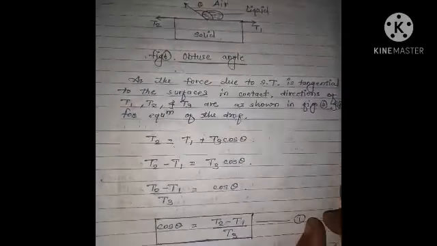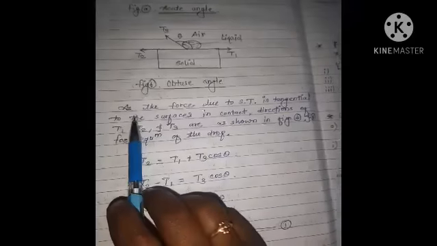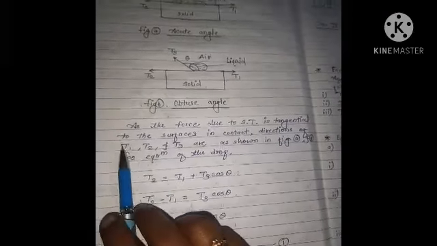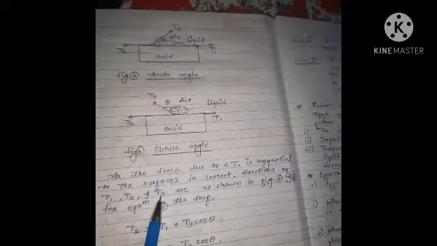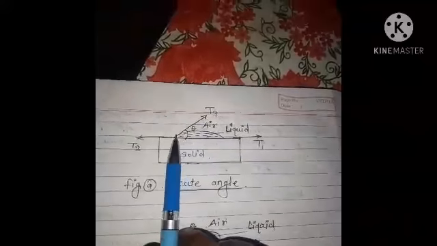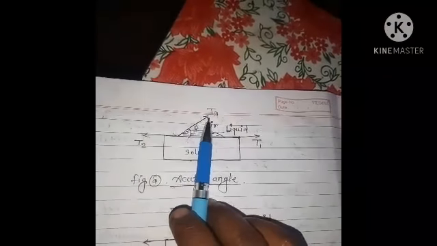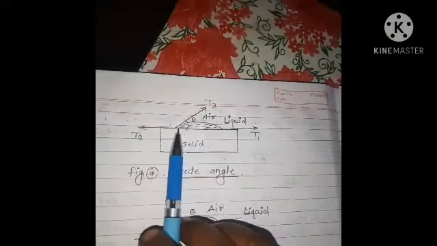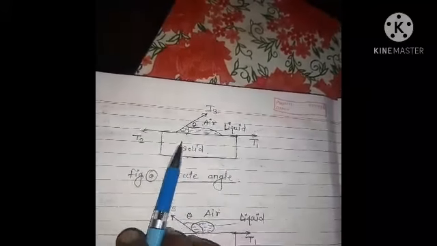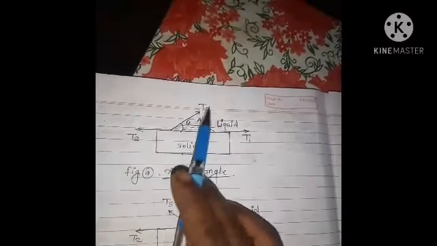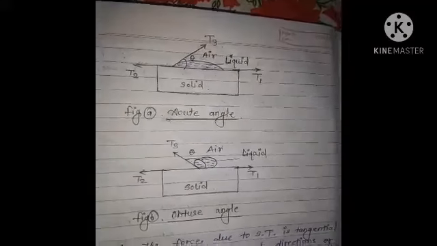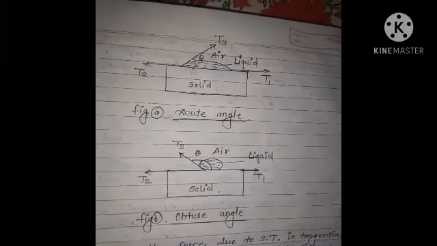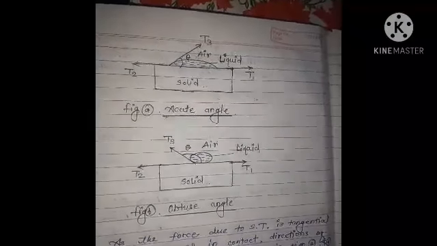Now, all these forces T1, T2, T3 are tangential to the surfaces at their contacts. Therefore, they are directed as shown in figure A and figure B.